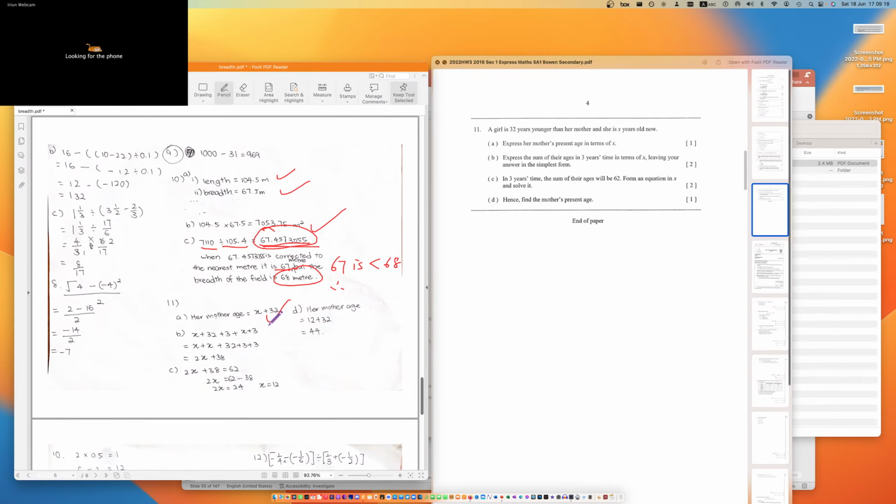So express the sum of their ages in 3 years. So mother plus 3 years, daughter also must plus 3 years. So sum it up. In 3 years, the sum of the ages is 62. So 60. Okay, good. x equals 12. Okay. Hence, find the mother's present age. So it's correct. Okay, very good.